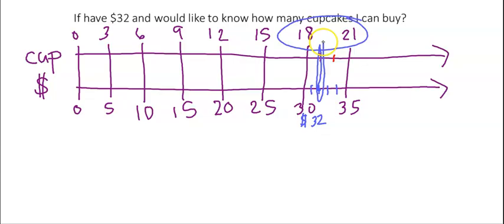If I go straight up from there, I'm going to end up at about 19 cupcakes. So I can say that if I had $32, I could buy 19 cupcakes, because my $32 down here, when I bring my line straight up, it's going to cross at 19 cupcakes.